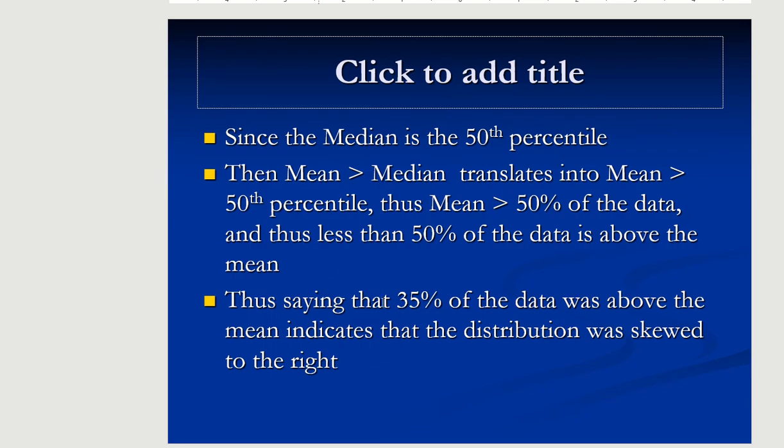Now here is just a point where I'm saying, in a sense, the median is the 50th percentile. Let me tell you what a percentile is. A percentile is basically the value below which there is a certain percentage of the data. So when we say 50th percentile, meaning 50% of the data is below this data point. And that's by definition what the median is. The median has 50% below it and 50% above it. So the median is the 50th percentile.